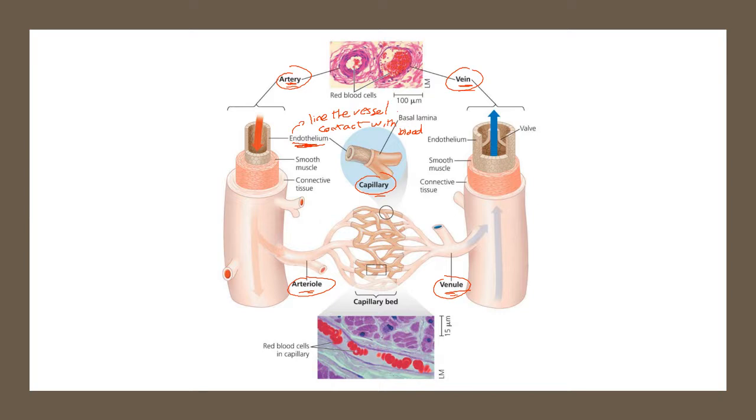What do we call the area here where you see this arrow, where you see blood coming through? The space here inside of the vessel is going to be the lumen.